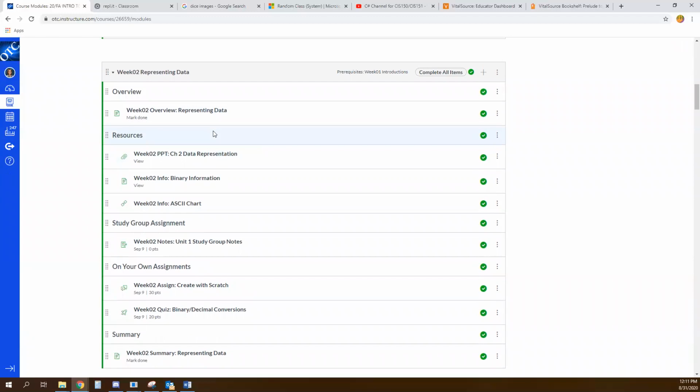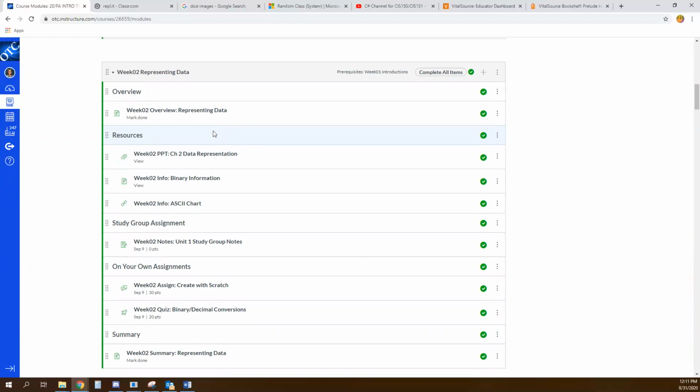Now, week 2 in our textbook, we're not going to spend a lot of time looking at our textbook for week 2. Chapter 2 is talking about representing data internally within memory. So some of chapter 2 is very, very understandable. Some of it was written for the brain surgeon, right? And it might be a little bit beyond what we're looking at right now.